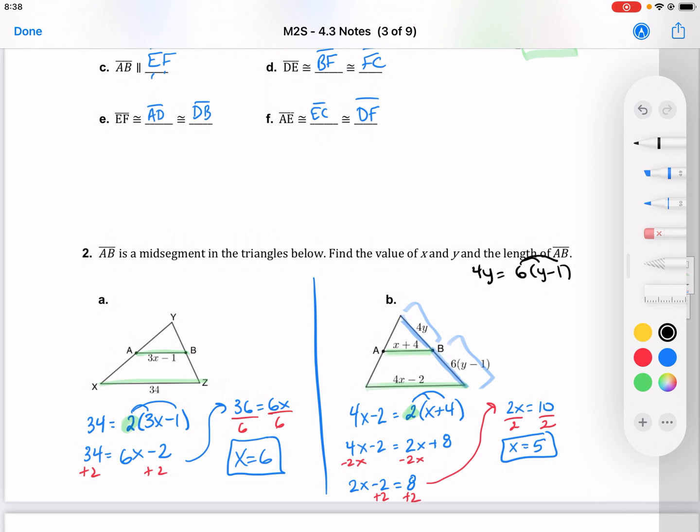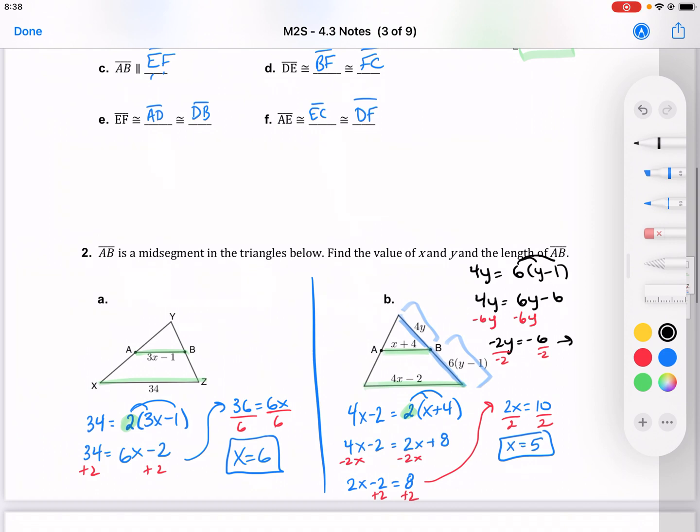So I'll distribute. 4y equals 6y minus 6. I'll subtract 6y from both sides. So negative 2y equals negative 6. And divide by negative 2. Y is equal to positive 3.